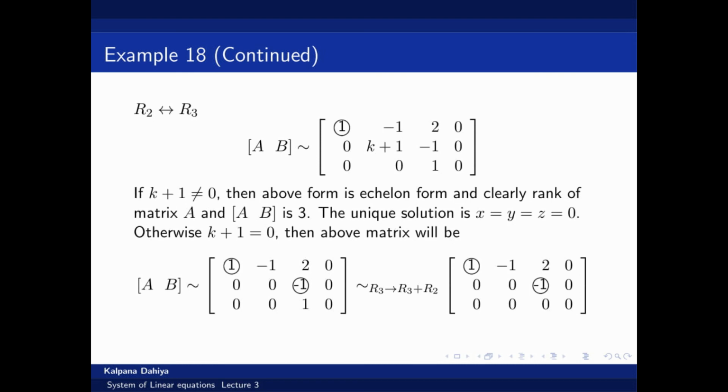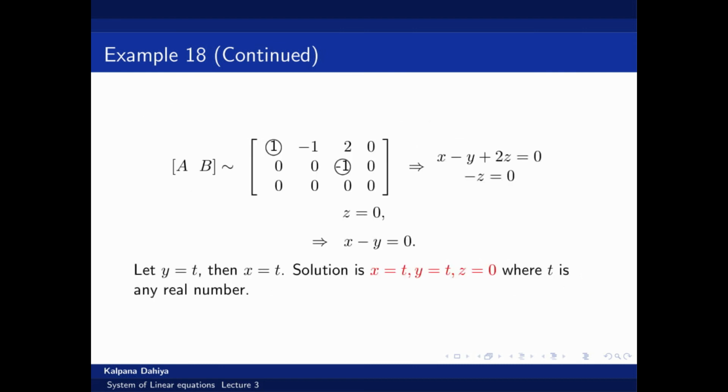Change third row to third row plus second row, and in this case the augmented matrix reduces to 1 minus 1 2 0. Second row is 0 0 minus 1 0, and third row is 0 0 0 0. So finally the augmented matrix reduces to the following echelon form, 1 minus 1 2 0, 0 0 minus 1 0 and 0 0 0 0.